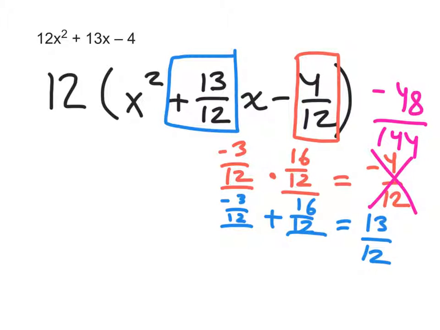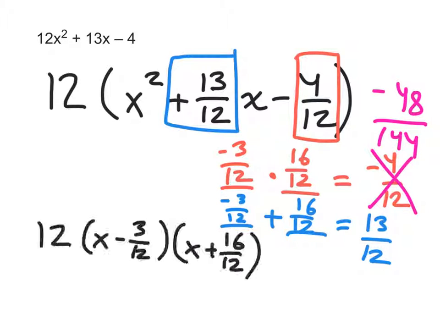Negative 3/12 times 16/12 is negative 48/144, or negative 4/12, and negative 3/12 plus 16/12 equals 13/12. If nothing else, hopefully that gives you a little bit more of a reason for why you have to multiply the a value and the c value together.